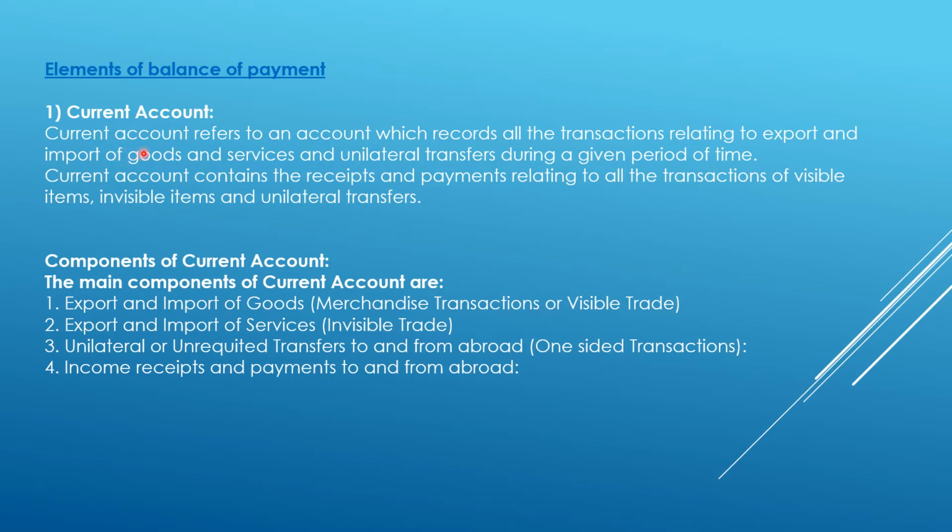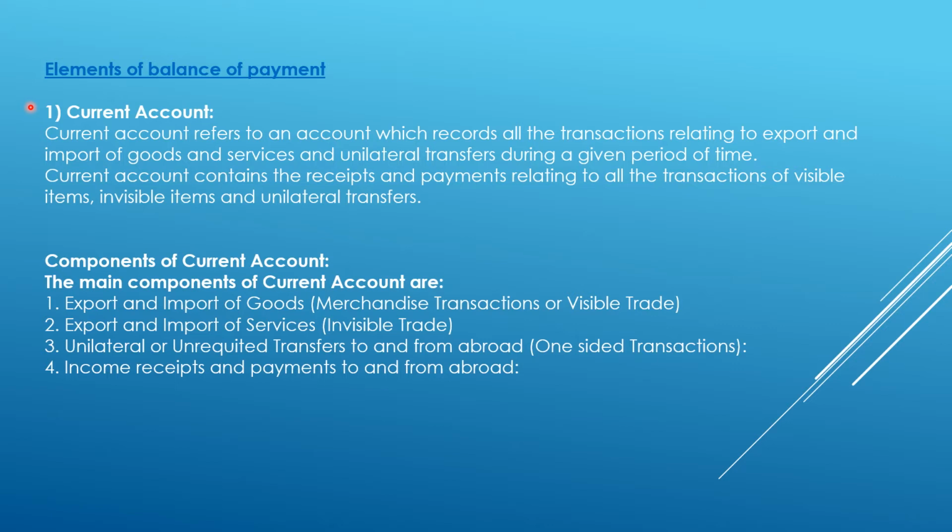The current account refers to an account which records all the transactions relating to exports and imports of goods and services and unilateral transfers during a given period of time. So basically, the current account includes all visible transactions, all invisible transactions and unilateral transactions.